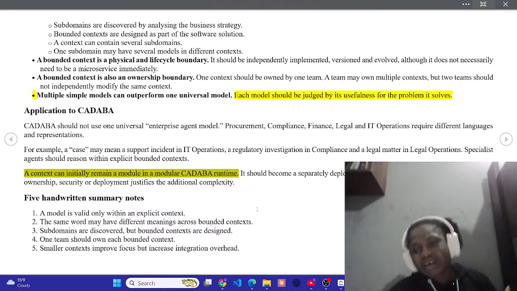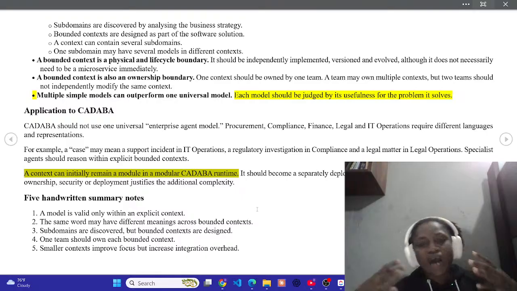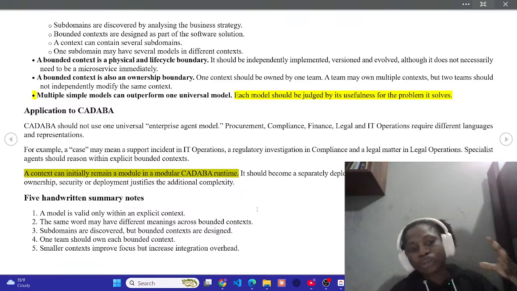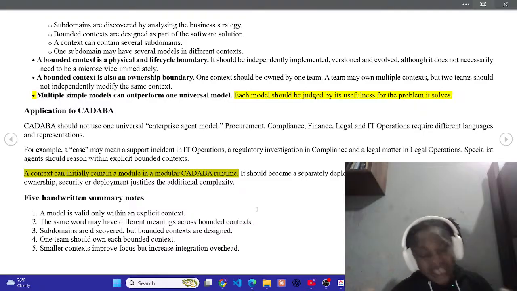The only time you should deploy a framework for an agent is if the agent is very, very large. If they have become swarms of agents, for instance, and the business has the capacity to take ownership, to scale it independently, to secure it, and to maintain it independently of other agents.